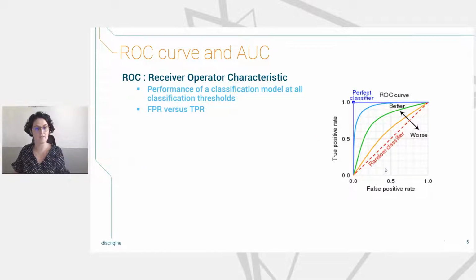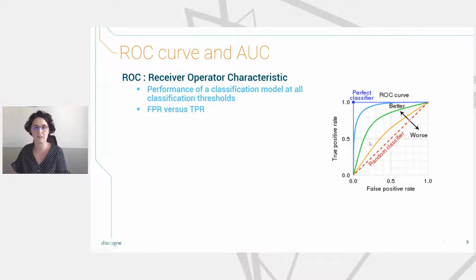Now I would like to explain rapidly what a ROC curve is. Here you can see different ROC curves with different colors. It gives you the possibility to see at a glance the performance of your classifier. It plots the false positive rate versus the true positive rate.